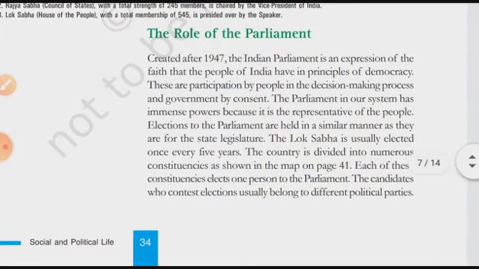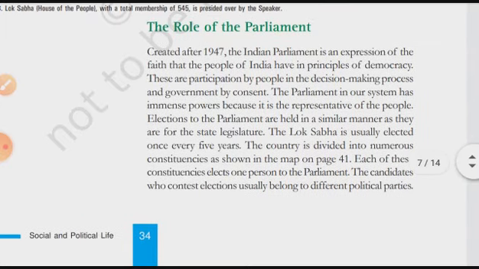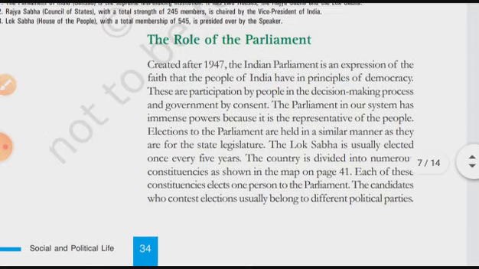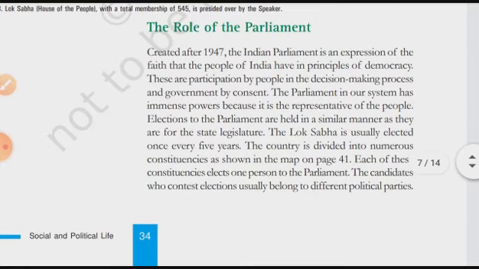The parliament in our system has immense powers because it is the representatives of the people. As I have already told, it has immense, very huge powers, because it represents the people. The whole country has been divided into 543 constituencies.